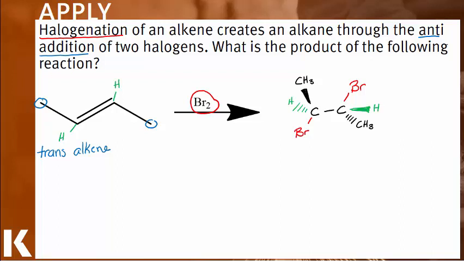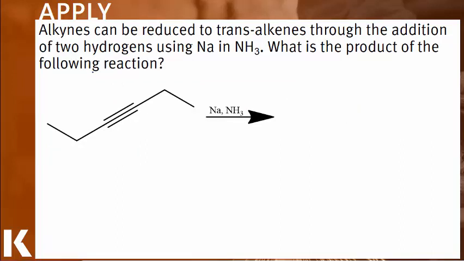Now let's take a look at another reaction type, and this is going to be a hydrogenation reaction. So this question is telling us that we have an alkyne being reduced to a trans alkene through the addition of two hydrogens. So since we are adding hydrogens to a pi bond, this would be another example of a hydrogenation reaction.